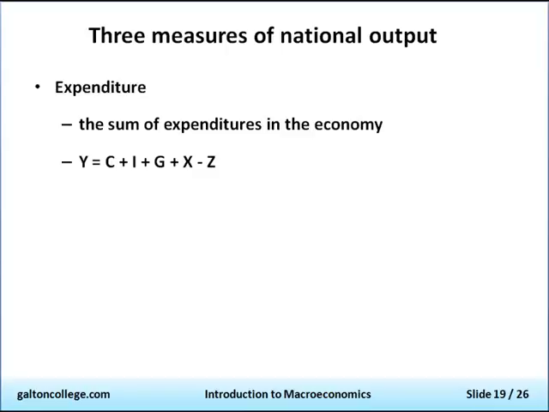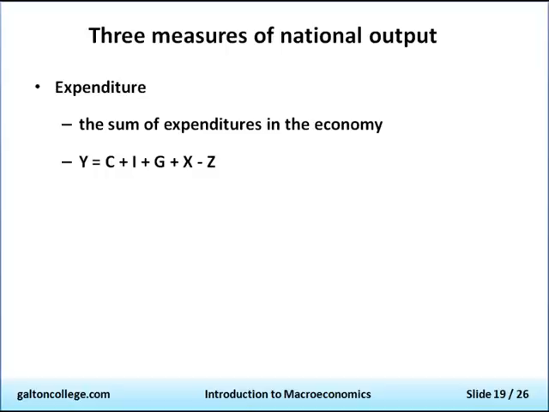So Y is equal to C, consumption expenditure, what consumers spend, plus I, investment expenditure, what companies spend, plus G, government expenditure, what governments spend, plus X for exports, minus Z.